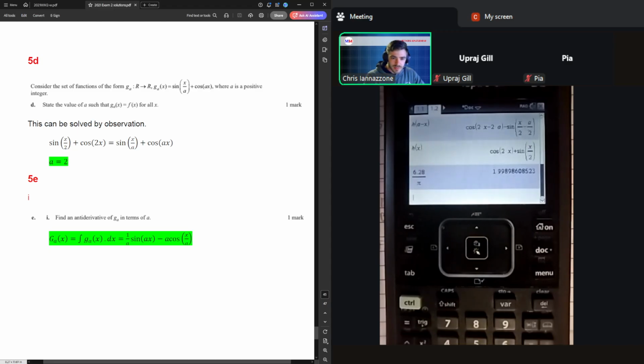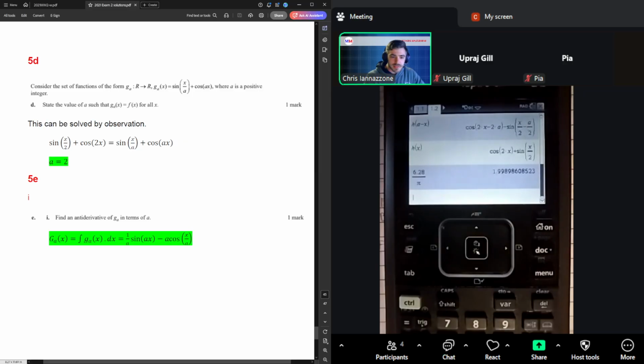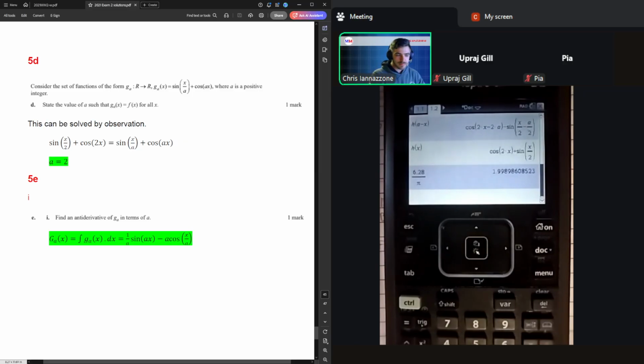I will just say that the exam report did not have a plus C in there. So I would infer this is a better answer than if you did put a plus C, simply based on that keyword 'an', rather than 'find the antiderivative'. Though I don't suspect you would get marked down if you put a plus C in there.